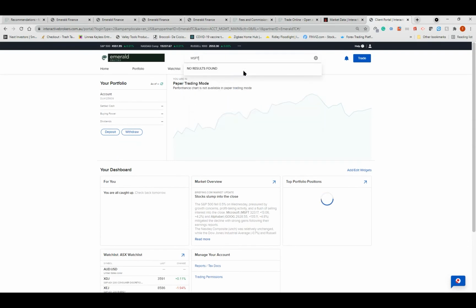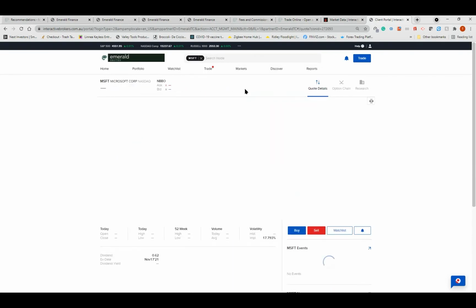Okay, so it's just as simple as typing in the stock code up the top here, guys, right? So this is the online platform. This is the web-based platform, okay? So you can just log in from any web browser, Apple, it all works through there as well, okay? So it doesn't matter what type of laptop you have, okay? You can just log on through a web browser here.